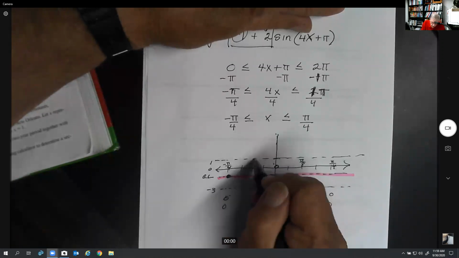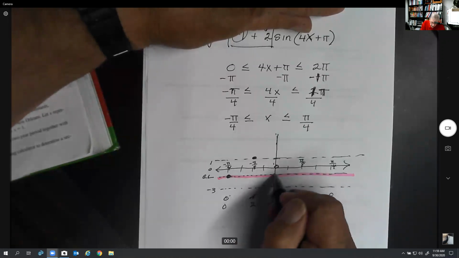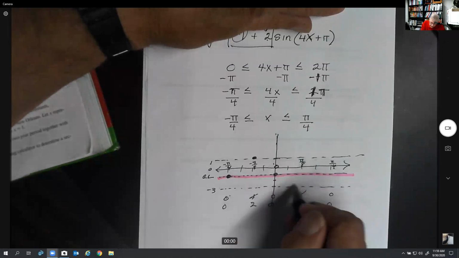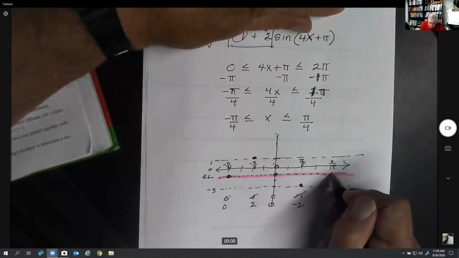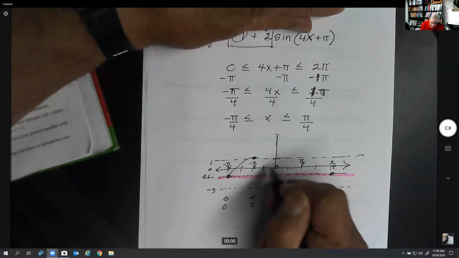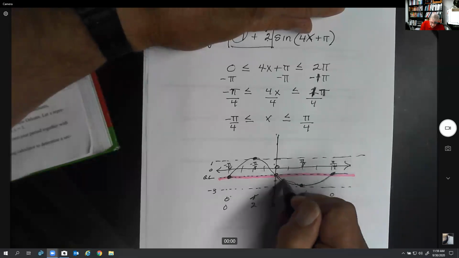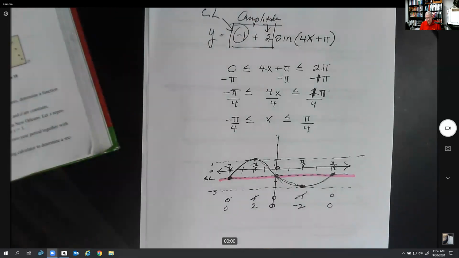I'm going to go up 2 units. Going to go down 0. Going to go down to -2 on this line right here. That's why it's easier to draw that line. And then back up to 0 on the center line. So it's going to look like this. That wasn't so bad. And there's my graph.